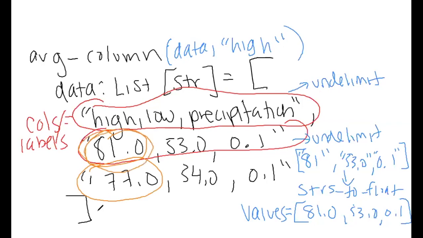So how do we get this 81? Well, we want to look up from our columns and values the corresponding value at high.